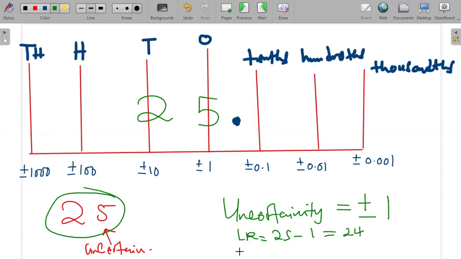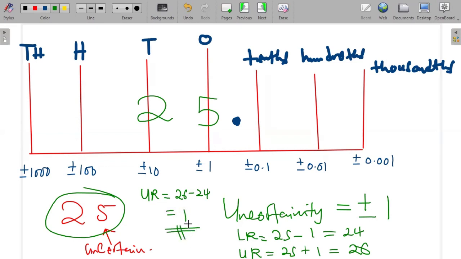Upper reading, they said the upper reading was just 25 plus 1, which gave us 26. These were the answers that we got, right? So meaning that we can even calculate now the uncertainty range. The uncertainty range will just be equal to the upper reading, which is 26, minus the lower reading, which is 24. So the uncertainty range here will actually be 2, like this.